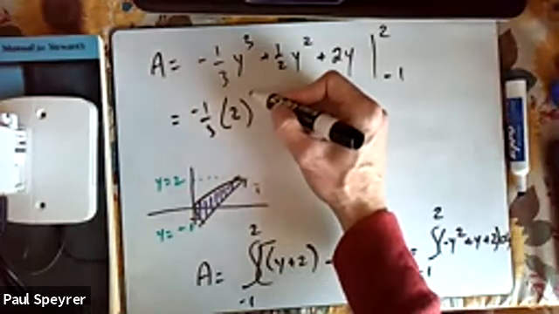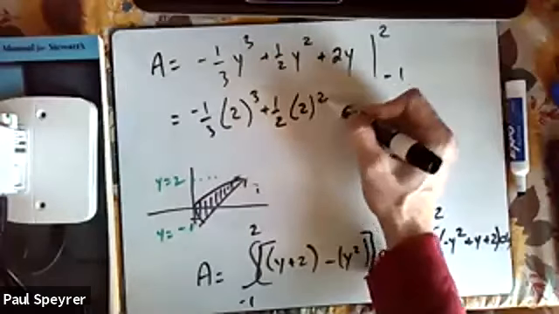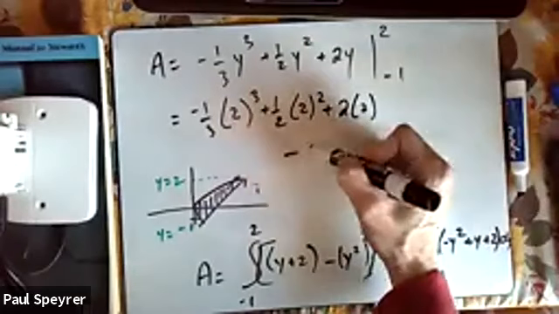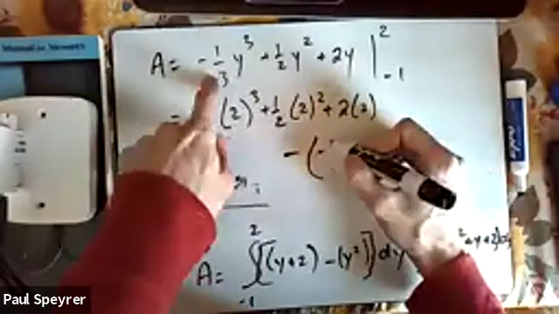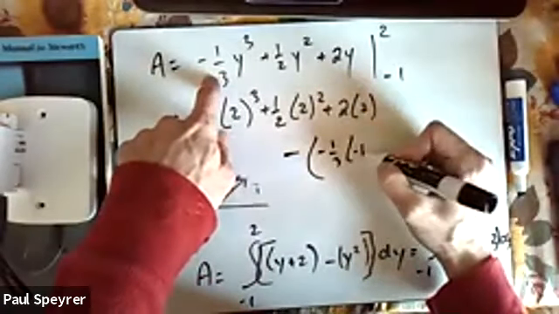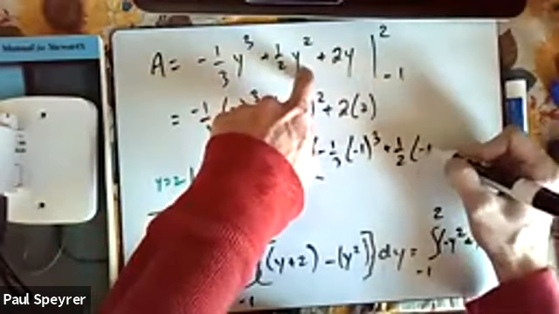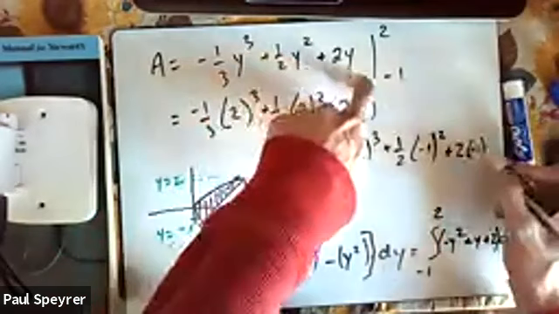So we have the upper limit minus the bottom limit. So minus the entire quantity, right? Negative 1/3 times negative 1 cubed plus 1/2 times negative 1 squared plus 2 times negative 1.